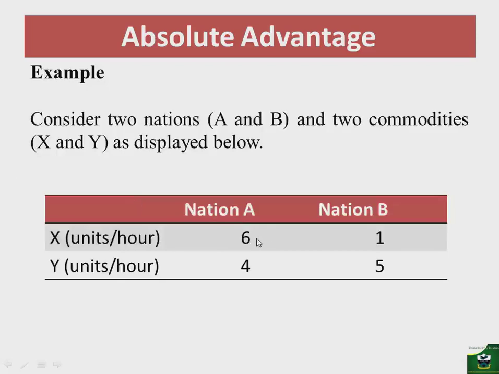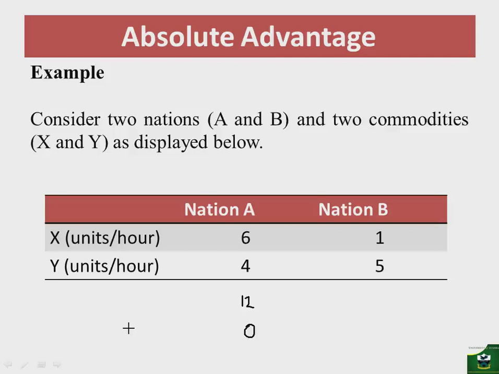You will see that if nation A was to specialize in the production of commodity X, it means that we will take the 1 hour which was supposed to be used for producing commodity Y and channel it to producing commodity X. Meaning that for commodity X, we are going to produce 12 units in nation A, and then we'll produce 0 of commodity Y. If we go to nation B, we see that nation B can produce 1 unit of X in 1 hour.